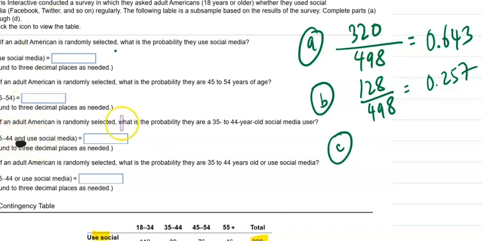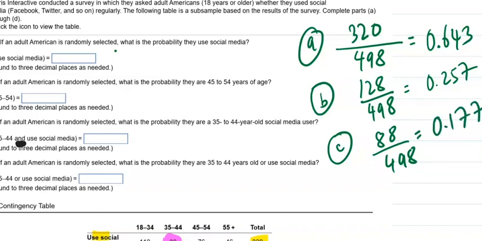If you look at the table here, use social media and that age group is 88. The 88 is the number of people who use social media and are also between 35 and 44. So for C, 88 divided by 498 again, and rounding to 3 decimals, it's going to be 0.177.